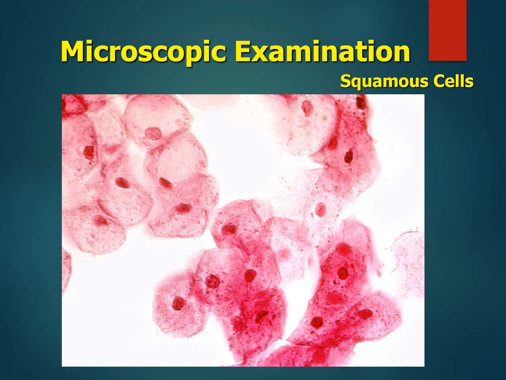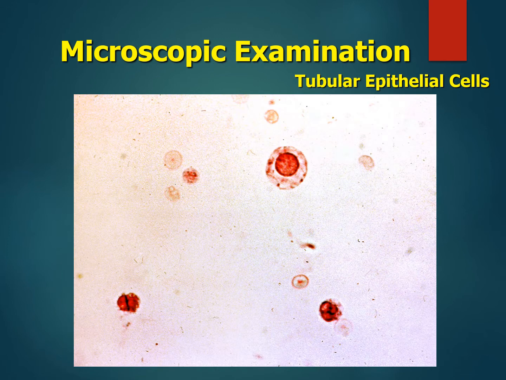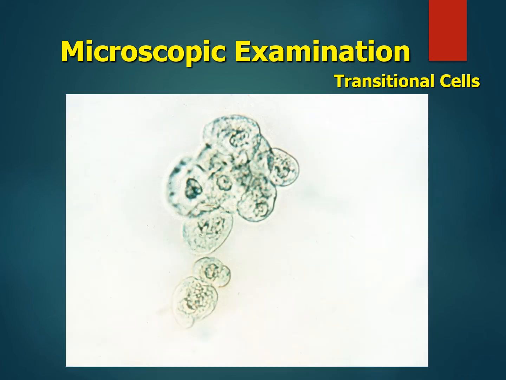Not neoplastic, but there are some squamous cells in the urine, and it is something to report if it is contaminated. There are also tubular epithelial cells, and if concomitant with casts, it could be an indication of some tubular damage or pathology. This is a cut section in the tubule, giving the normal structure of it.